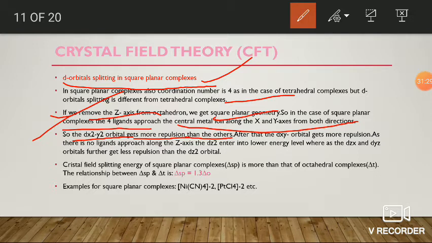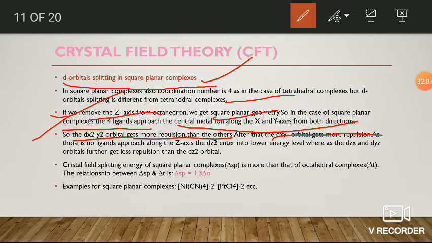The only d orbital, dx square minus y square, gets more repulsion due to the location of its lobes along the xy axes. After that, the dxy orbital gets more repulsion, because the ligands are approaching the central metal ion along the xy axes. So the lobes which are present in between the xy axes also get somewhat more repulsion, so they get more energy.